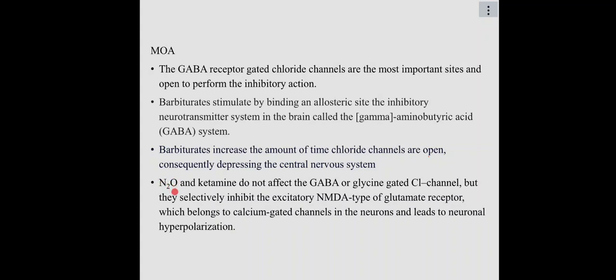NO2 is the gas. So N2O and ketamine do not affect the GABA or glycine-gated chloride channels, but they selectively inhibit the excitatory NMDA type of glutamic acid receptor, which belongs to calcium-gated channels in the neurons and leads to neuronal hyperpolarization. And when you get hyperpolarization, again, the neurons will not conduct.